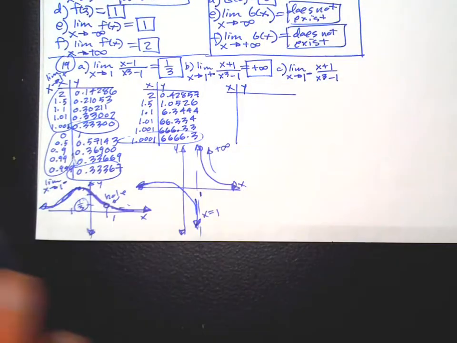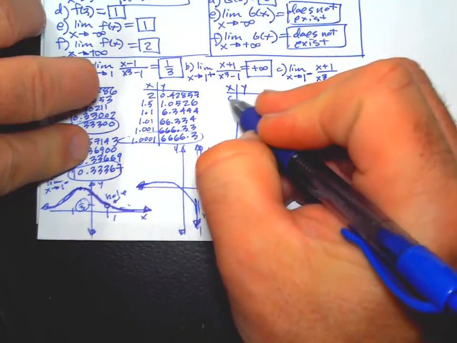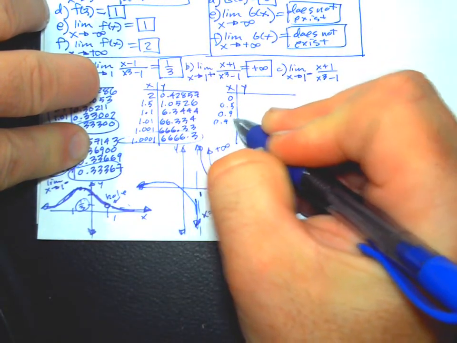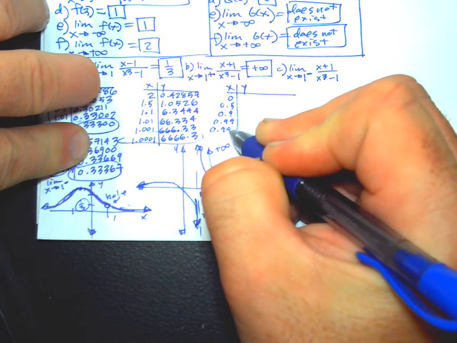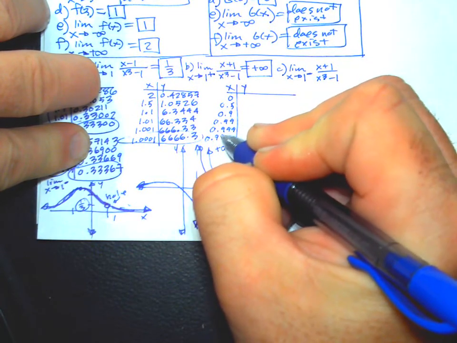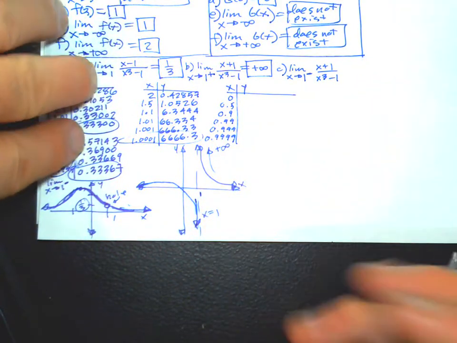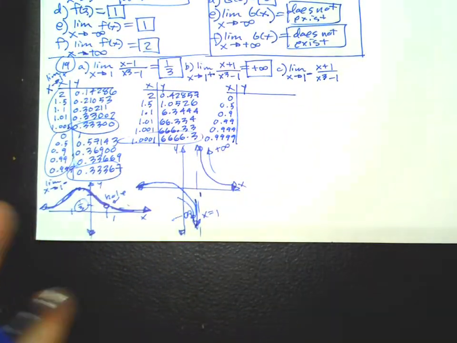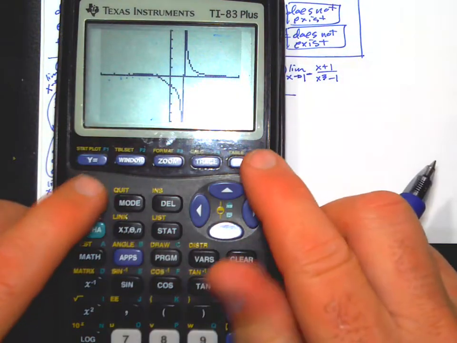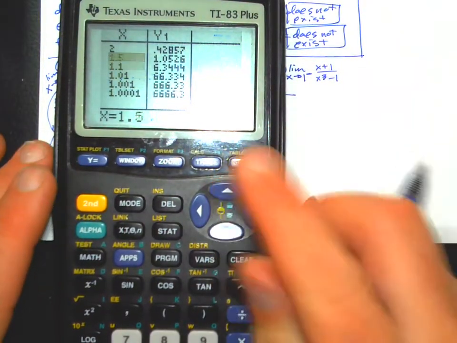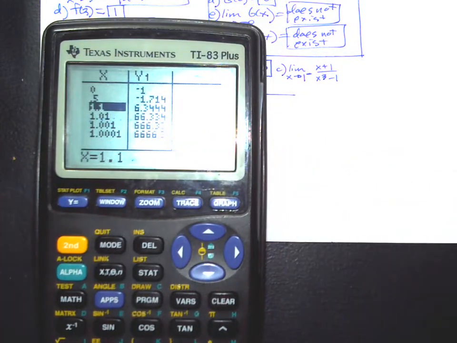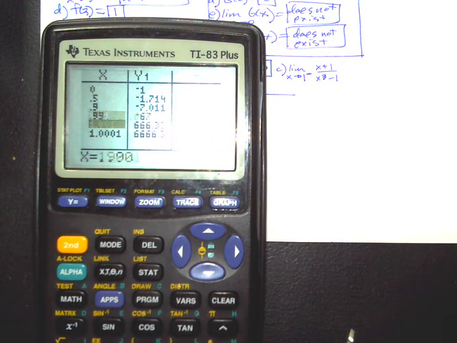We just need to type these values in. 0, 0.5, 0.9, 0.99, 0.999, 0.9999. I mean, you probably predict it's going to go to negative infinity, but let's go ahead and type those in. 0, 0.5, 0.9, 0.99, 0.999, 0.9999.